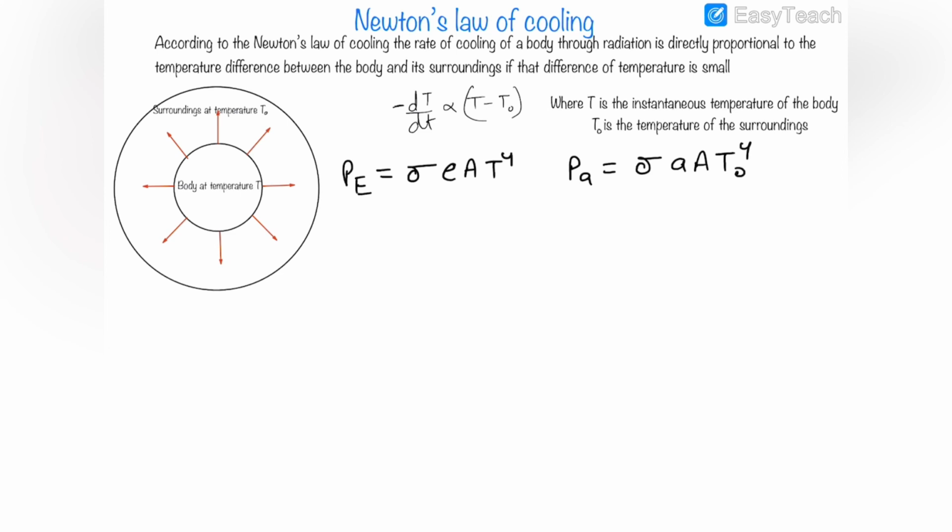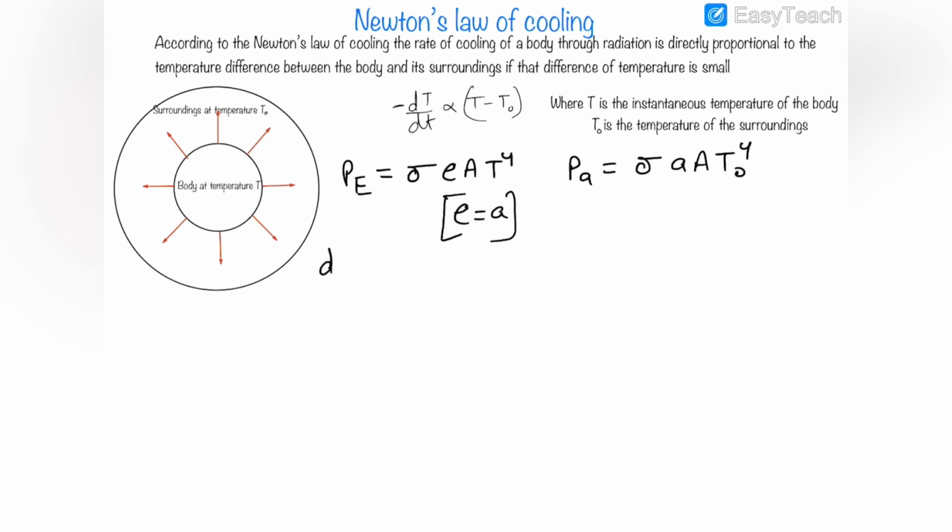We have already discussed in the previous video that the power emitted is this one and it depends on the temperature of the body, while the power absorbed is this one and it depends on the temperature of the surroundings. We have also discussed that for a single body, the emissivity and absorptivity are numerically equal.